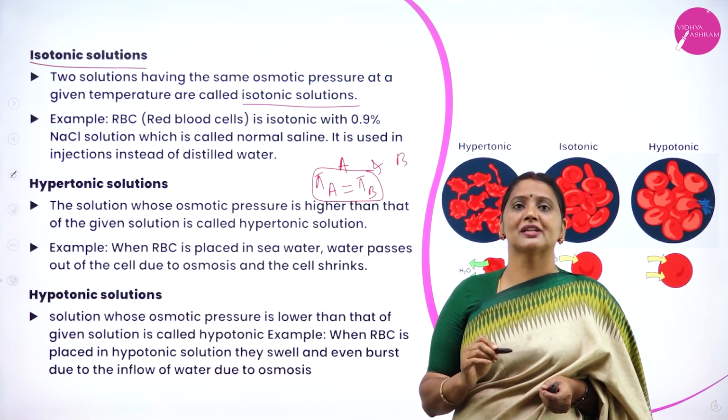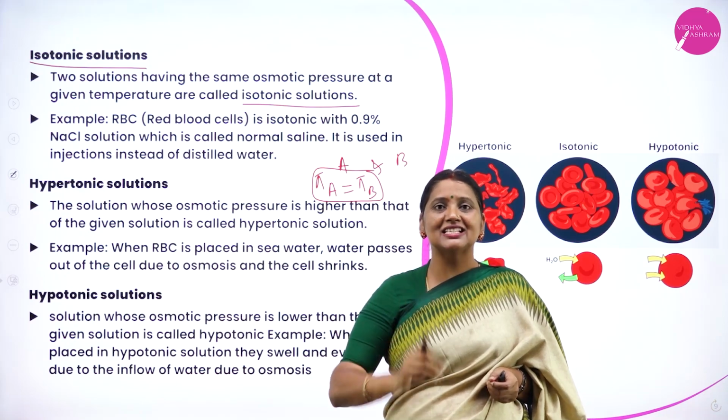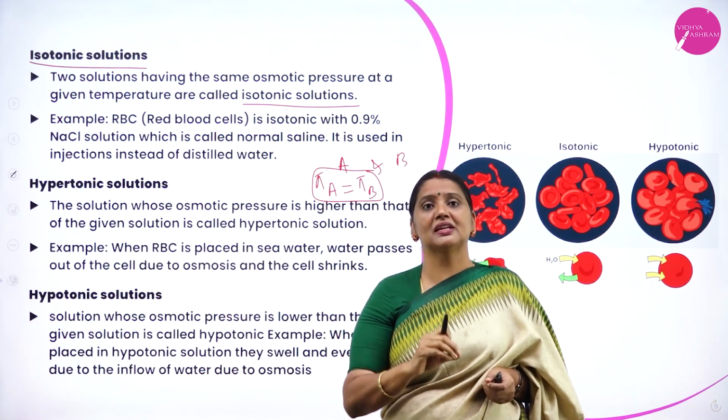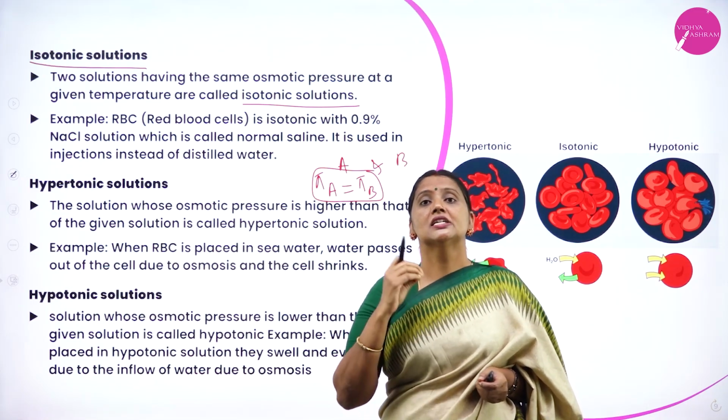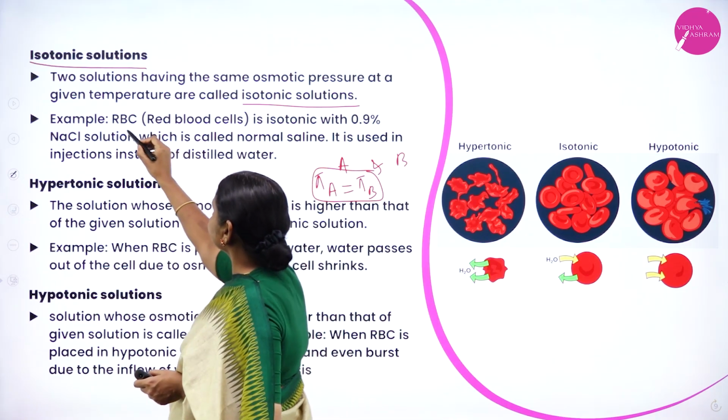If I consider two solutions A and B, pi A is equal to pi B, then A and B are called isotonic solutions.